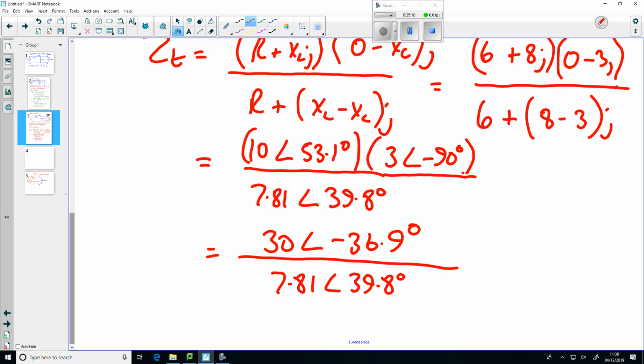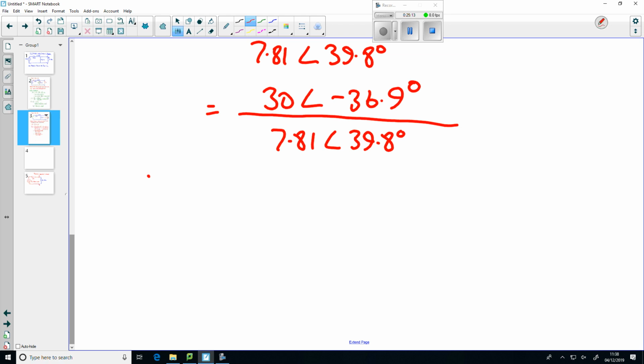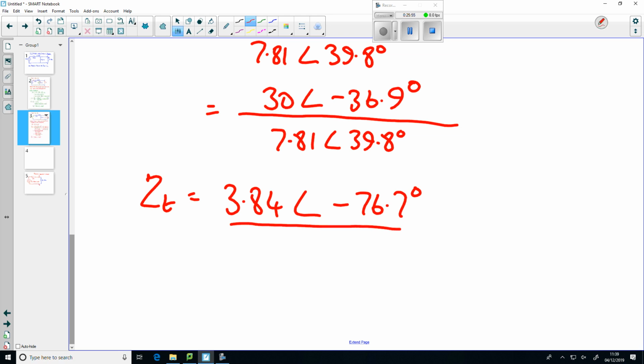So the final answer for Z little t is equal to, I've got 3.84 angle minus 76.7 degrees. Okay.